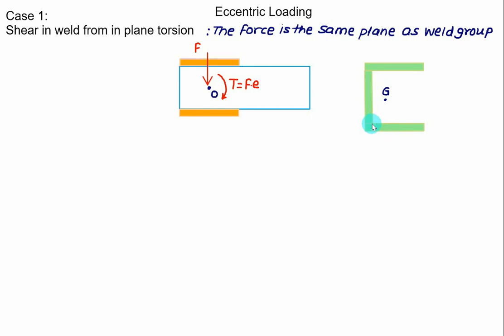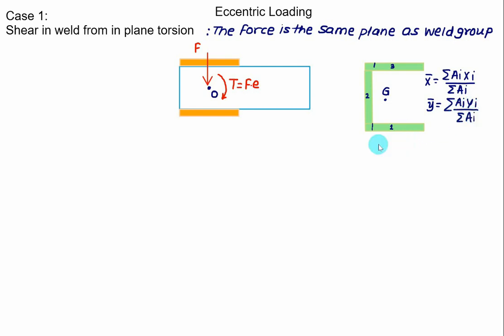We have this rectangle equal to 1, then a second rectangle, and then again a third rectangle, and then you can use the formula to find x bar as summation of AiXi divided by summation of Ai. Similarly we can calculate y bar equal to summation of AiYi divided by summation of Ai.